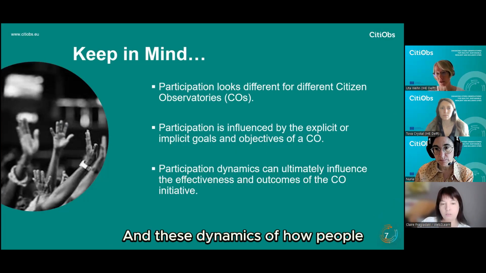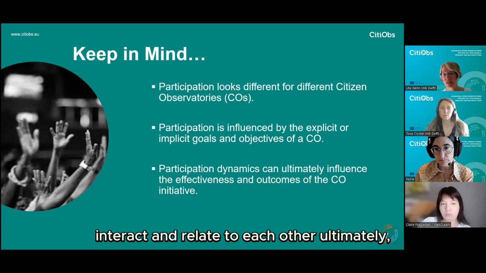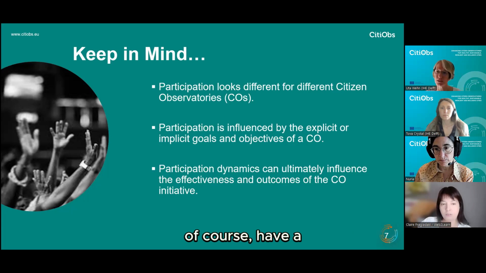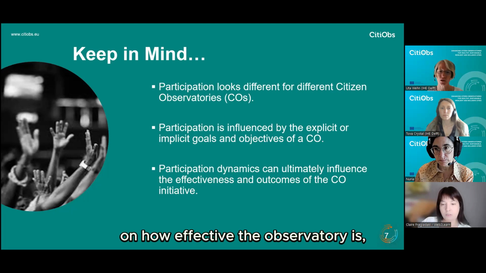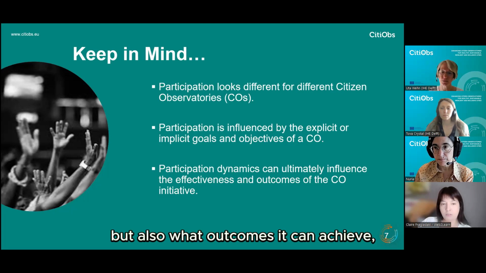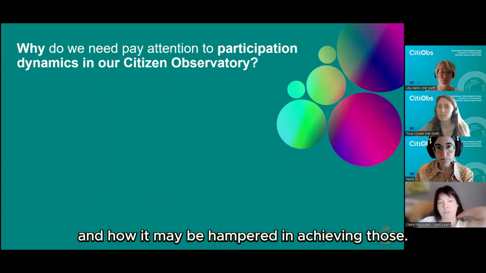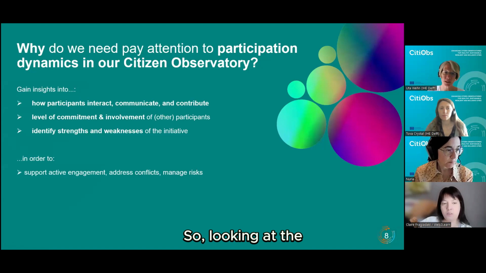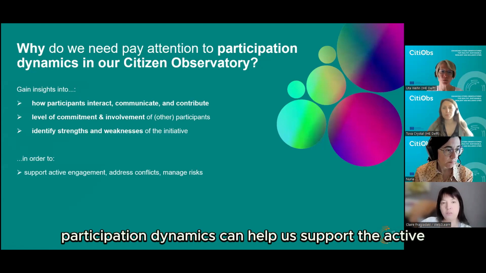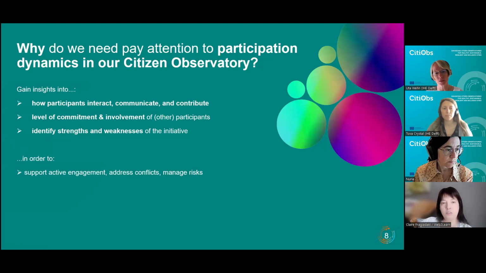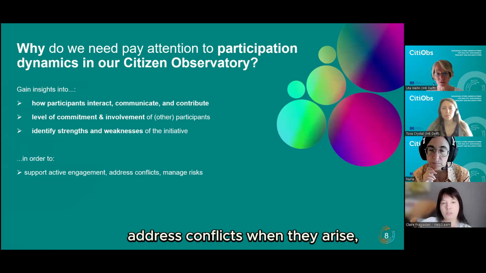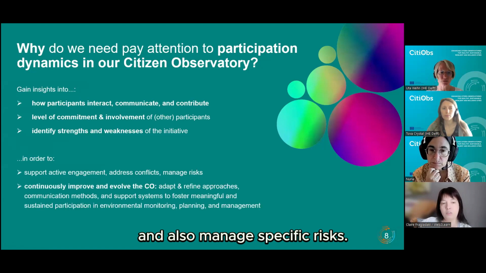And these dynamics of how people interact and relate to each other ultimately, of course, have a great influence on how effective the observatory is, but also what outcomes it can achieve and how it may be hampered in achieving those. So looking at the participation dynamics can help us support the active engagement of all participants, address conflicts when they arise, and also manage specific risks.